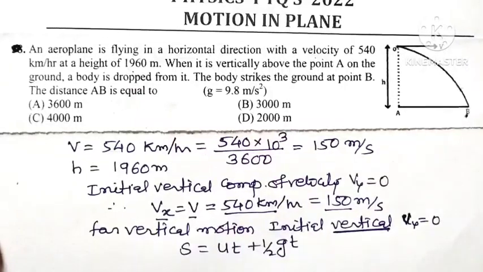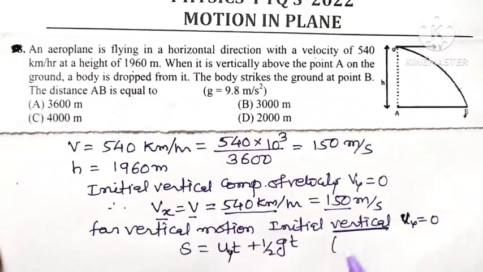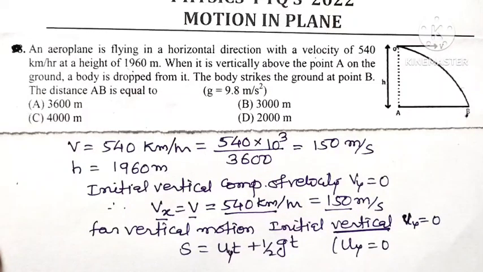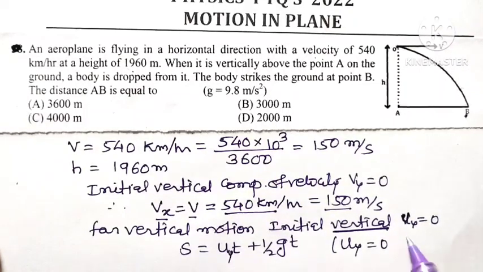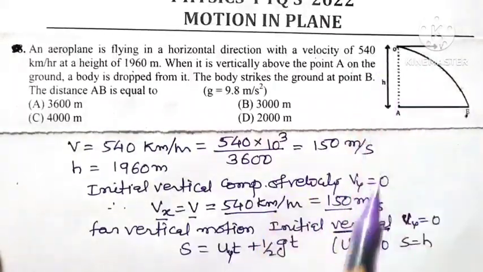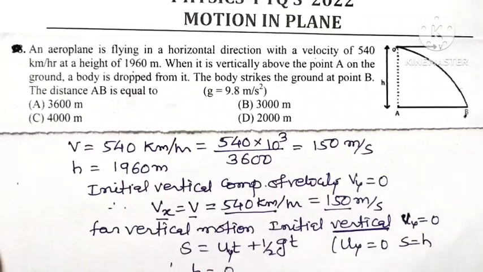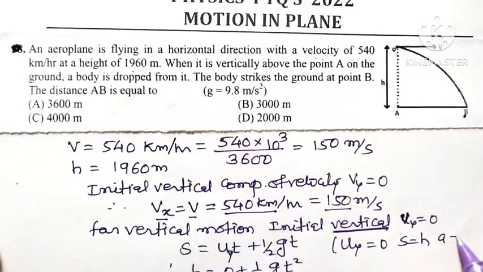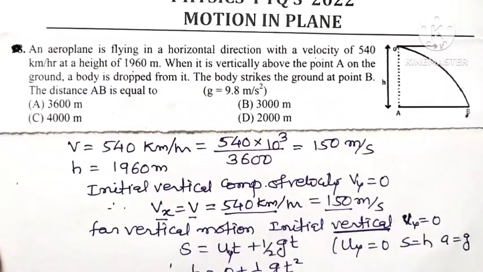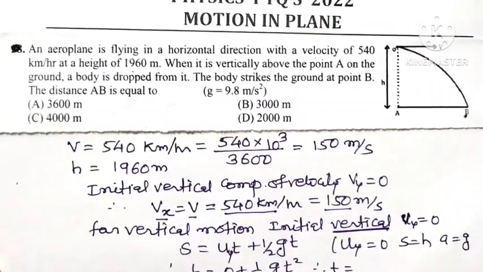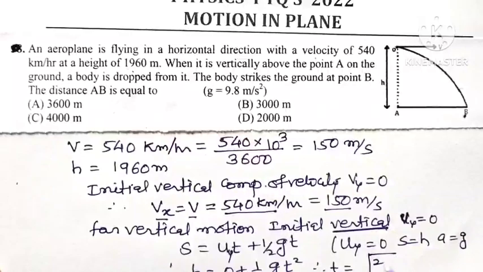Here s is equal to ut plus half gt square, with uy equal to 0. S is equal to h because the vertical displacement is h. So h is equal to 0 plus half gt square, because a is nothing but g, the body is falling downward. So h is equal to half gt square, therefore t is equal to under root of 2h by g.